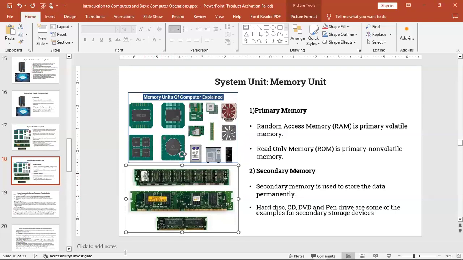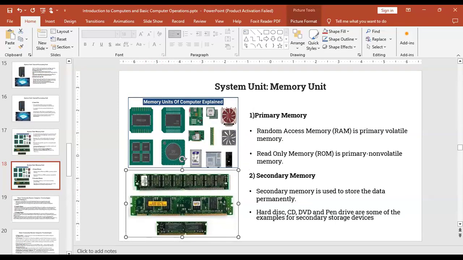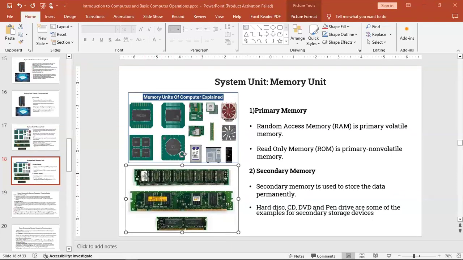For example, this is how you do it. Are you guys seeing my screen? What is currently displayed on my screen? It's still a PowerPoint.